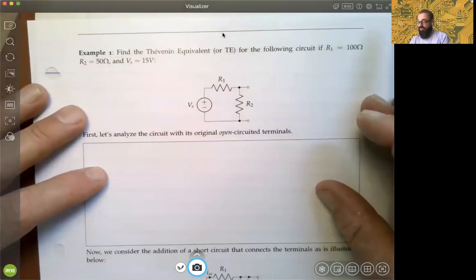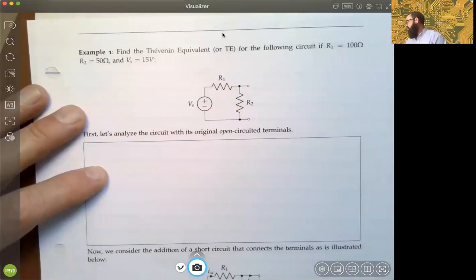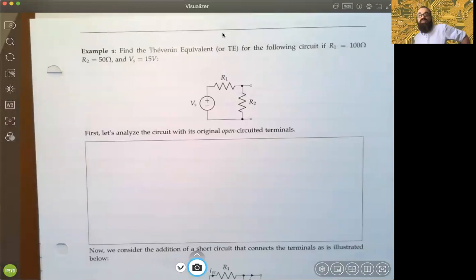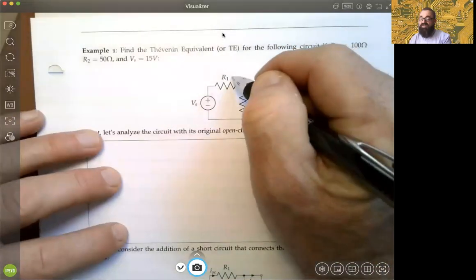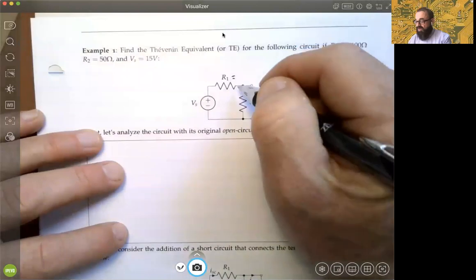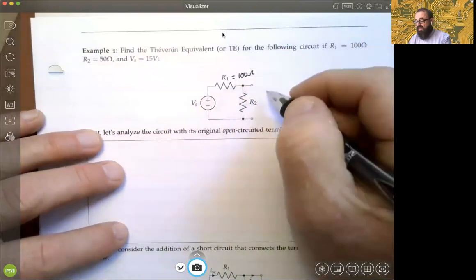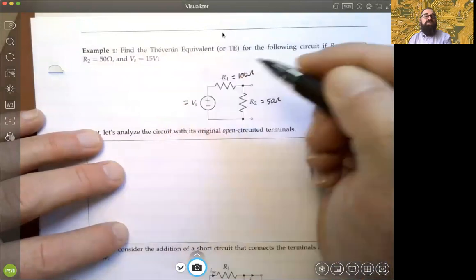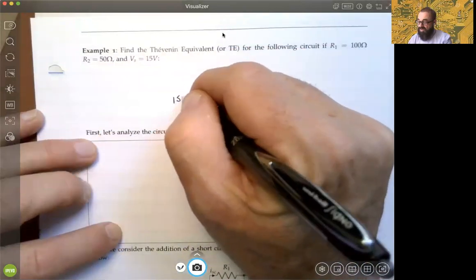The goal of example 1 at the top of page 67 is simply to find the Thevenin equivalent, right? And the technique we want to use, of course, is to summarize this down as easily as we can. For example, suppose that the first resistance here is 100 ohms, the second resistance is 50 ohms, and you have a voltage source here, which is 15 volts, okay?